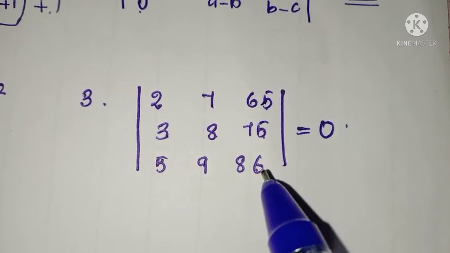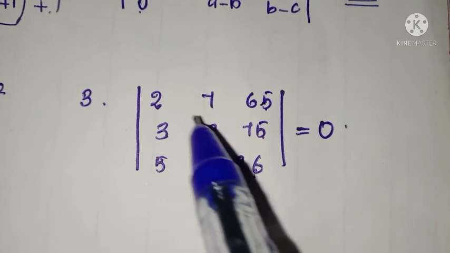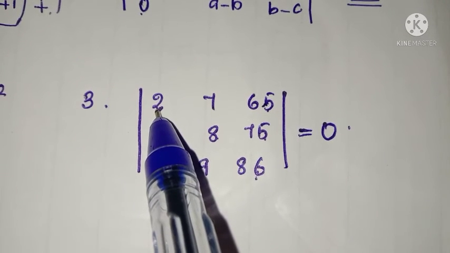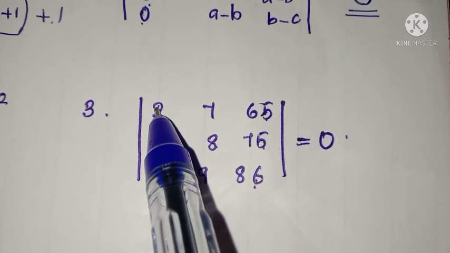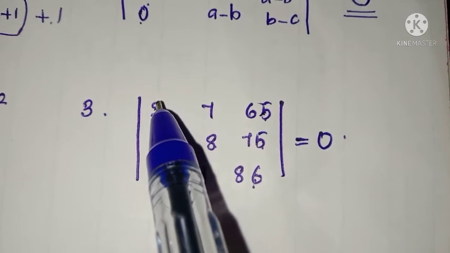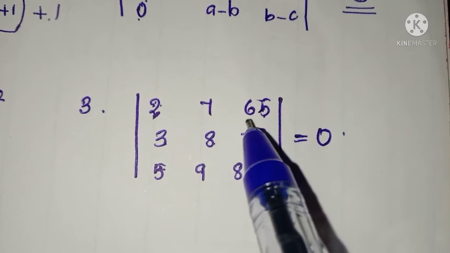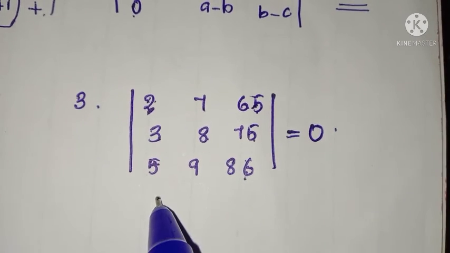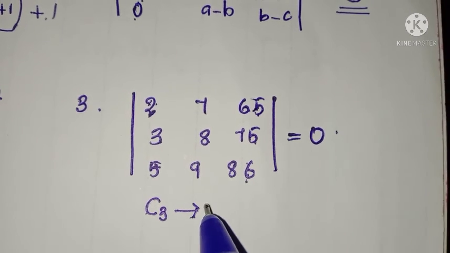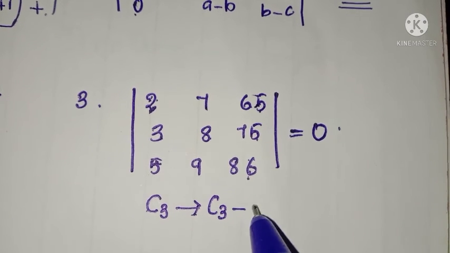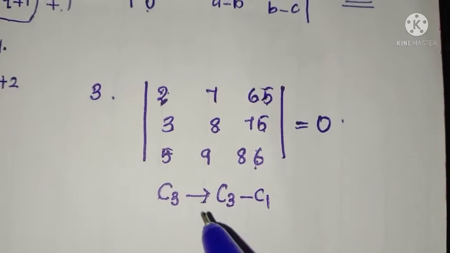Subtract 65, 75 and 86 along with the first column, that is C3 and C1. We are subtracting the C1 elements from C3, so C3 is transformed to C3 minus C1. This is the first step.